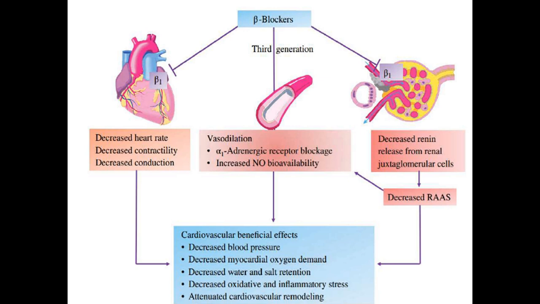With third generation and ultimate ones, mainly the cardiovascular beneficial effects we are getting: a decrease in the blood pressure, decrease in the myocardial oxygen demand, decrease in the water and salt retention, decrease in the oxidative and inflammatory stress, and attenuation of the cardiovascular remodeling.